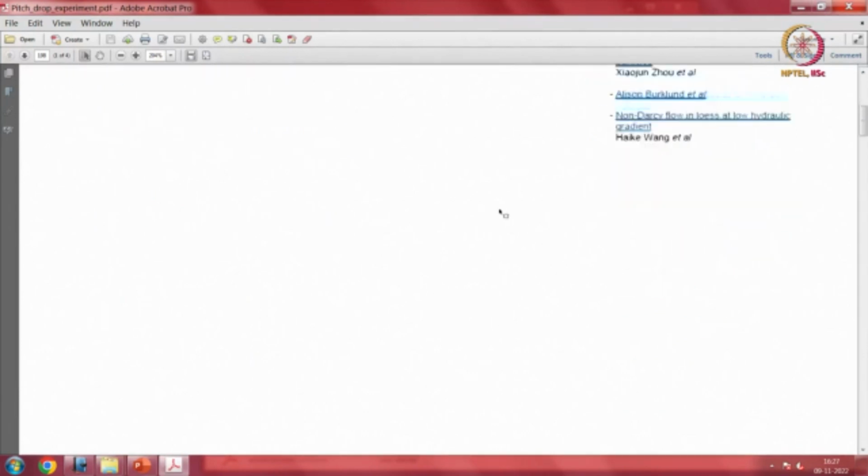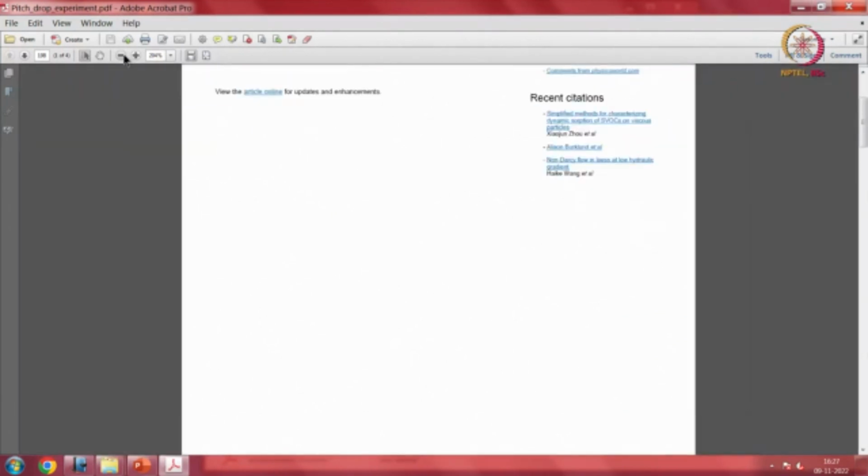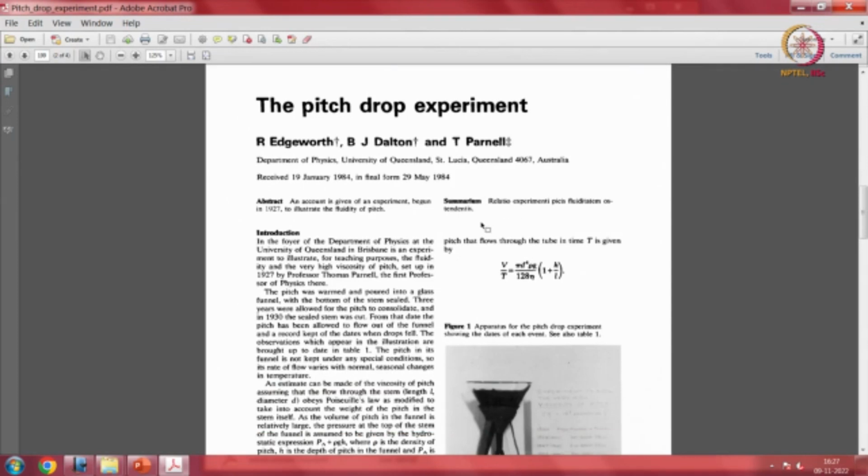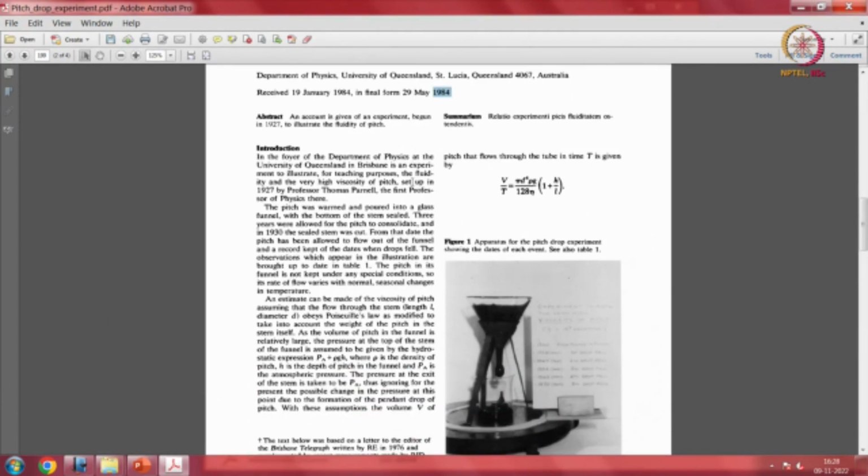I want to read out from this very interesting paper. This paper's title is the pitch drop experiment. You can find this paper online if you look for it. It was written by Edgeworth, Dalton, Parnell, and published in 1984, and it describes an experiment that I believe is still going on in Australia right now.